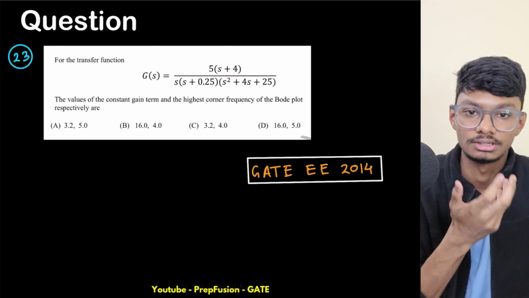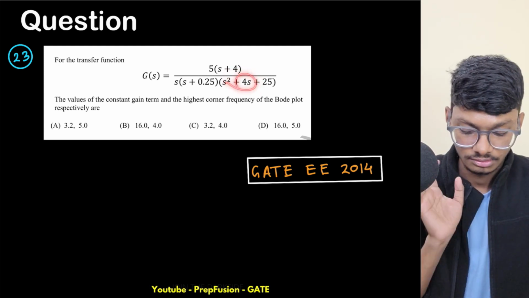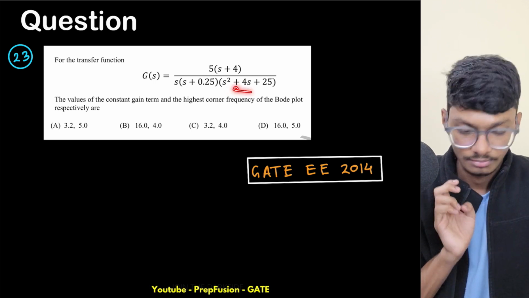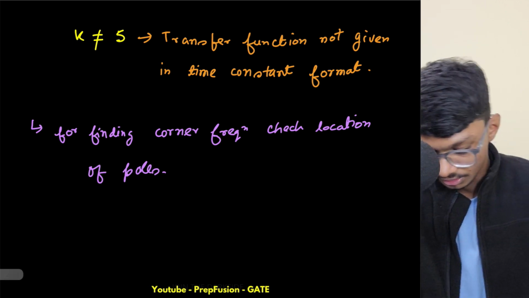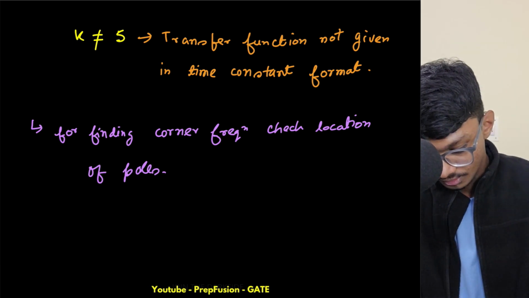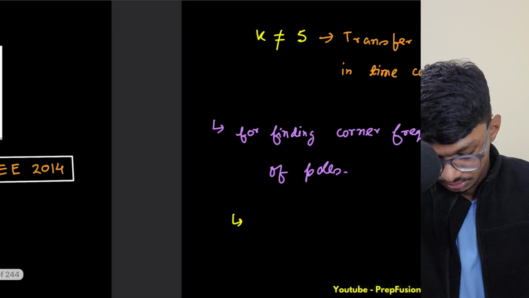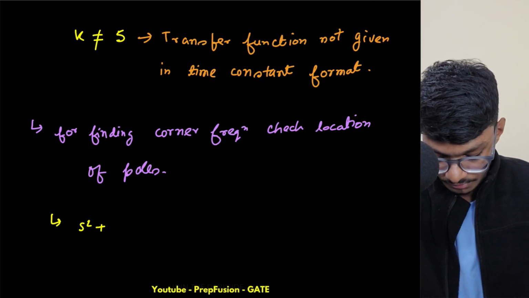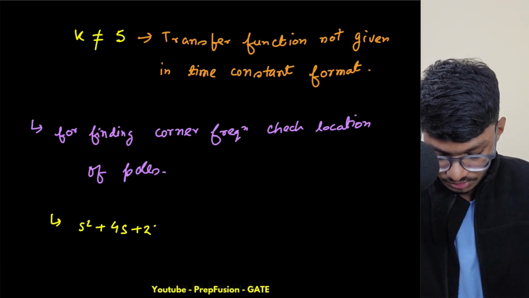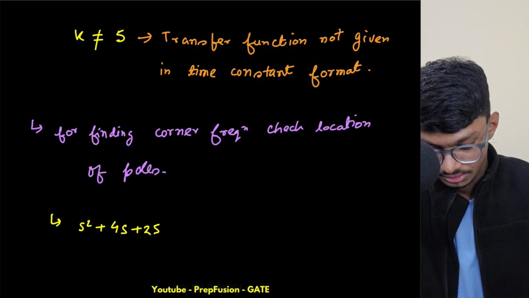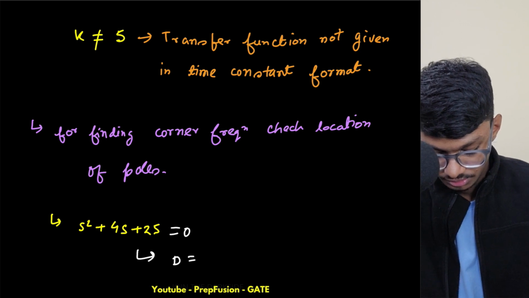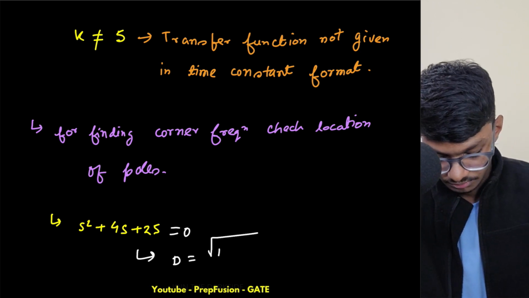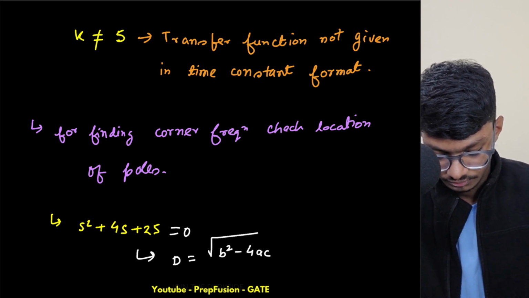What is the real part? The real part will be minus b upon 2a, which is minus 4. So the real part will be minus 4. For this one, s square plus 8s plus 25, the discriminant D equals b square minus 4ac.